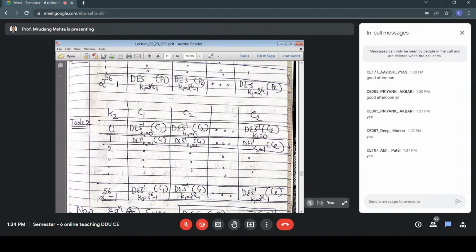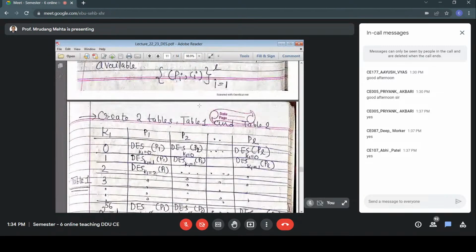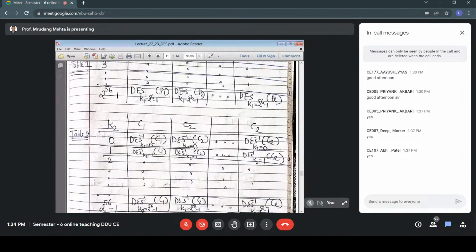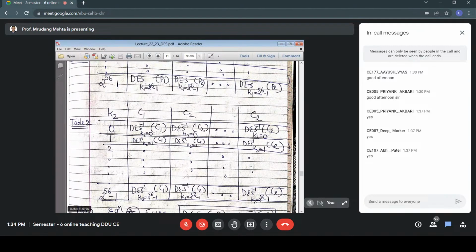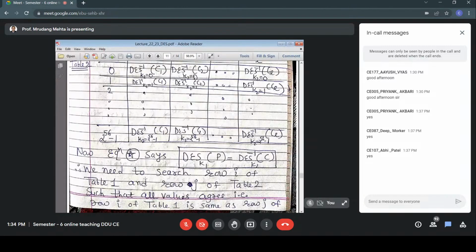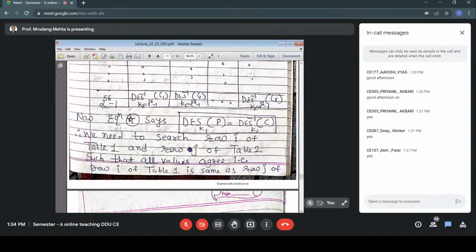Now the second table which we prepare is C1 to CL. Again we have this pair, so L pairs are there, L entries of ciphertext are there, and we take keys from 0 to 2 raised to 56 minus 1, and then we apply decryption to build this table. So we have two tables, okay, and then we match because we know that DES of P with key K1 is equivalent to DES inverse of C with key K2.